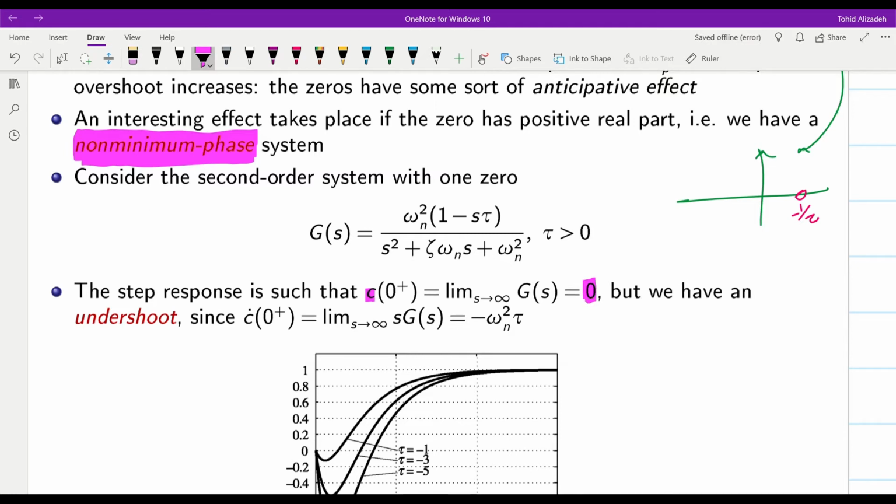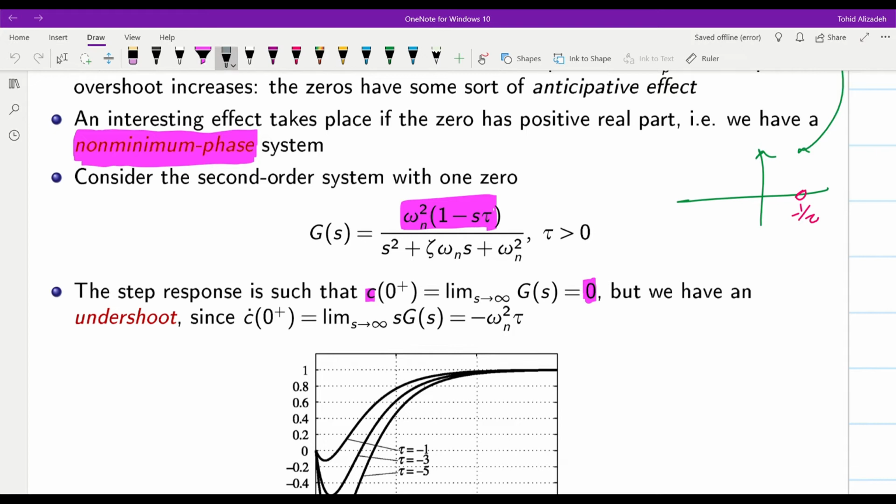So omega n squared times 1 minus s tau, or we could write 1 plus s tau, but for negative values of tau, over s squared plus zeta omega n s plus omega n squared.